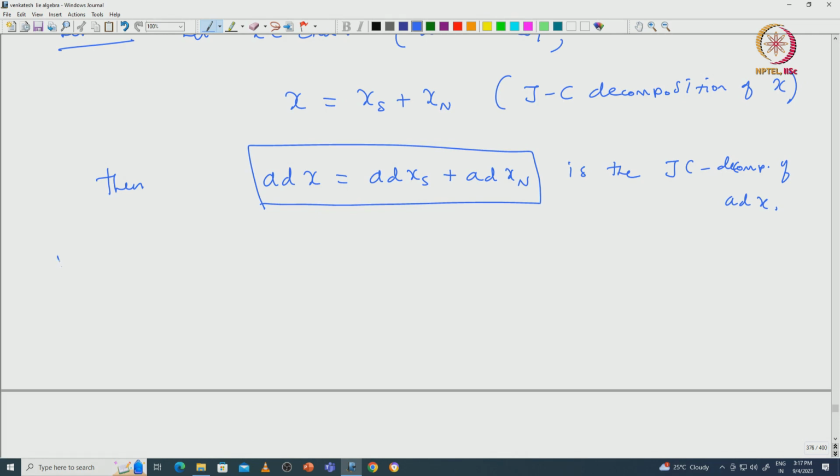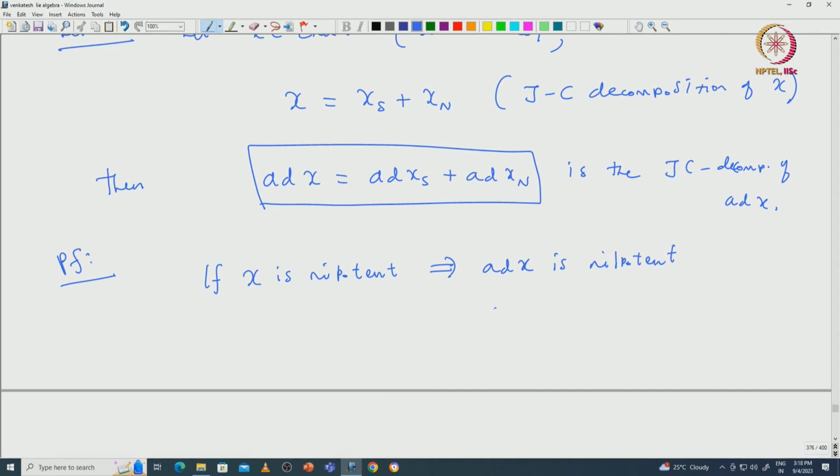So, let us verify one by one. We have already seen that if x is nilpotent, then ad x is nilpotent.